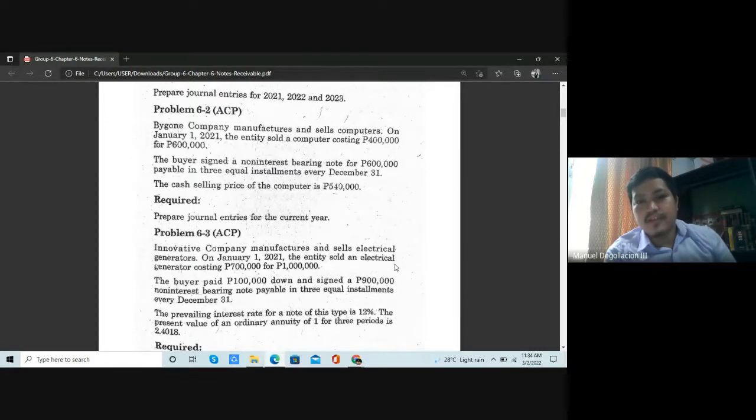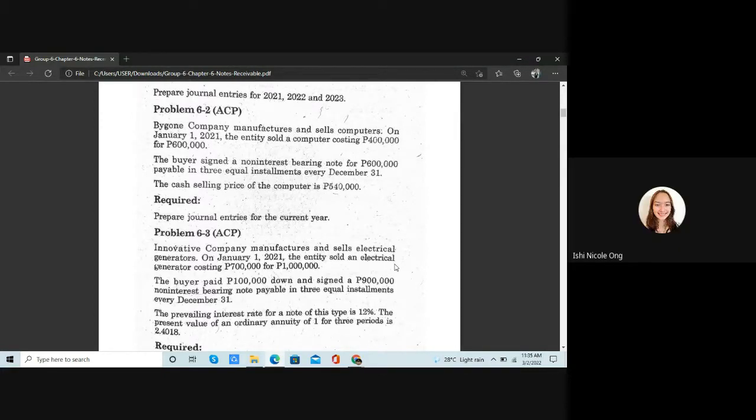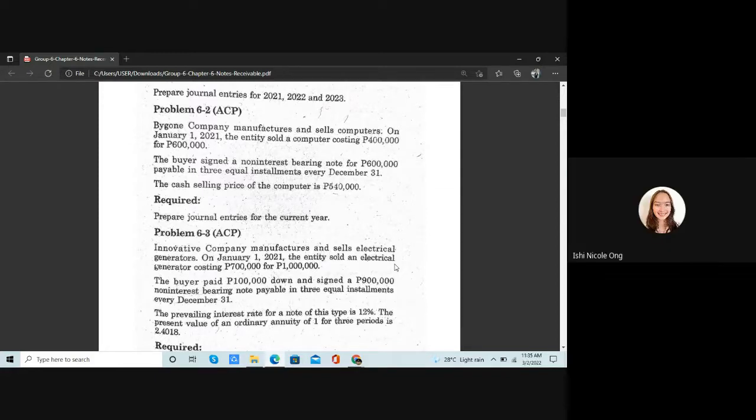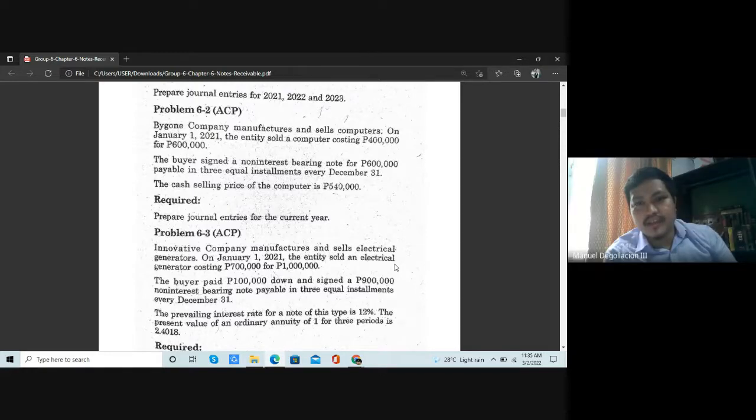If you're saying that it's to be reported at present value, at what amount will it be reported then? 600,000, sir. Why? Because 600,000 is the present value of... Didn't we say that the 600,000 includes the implied interest or the imputed interest?